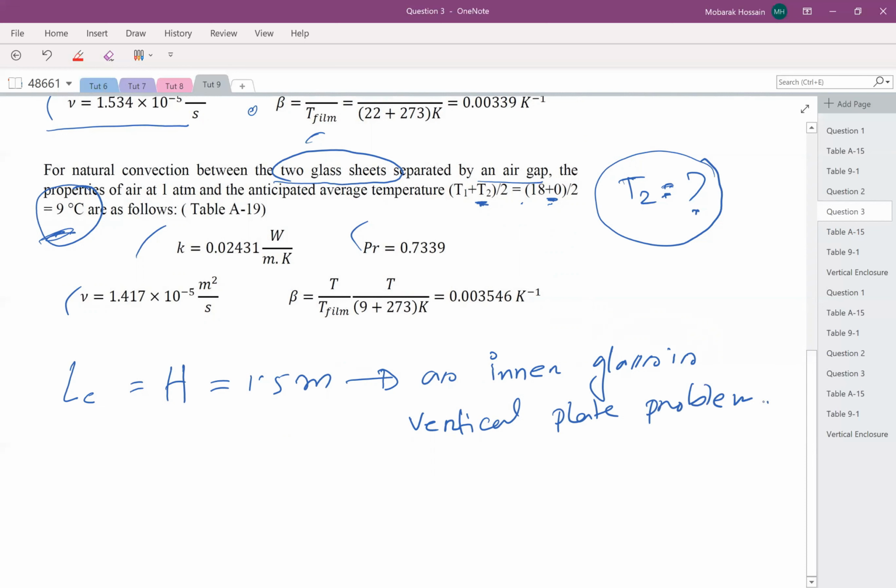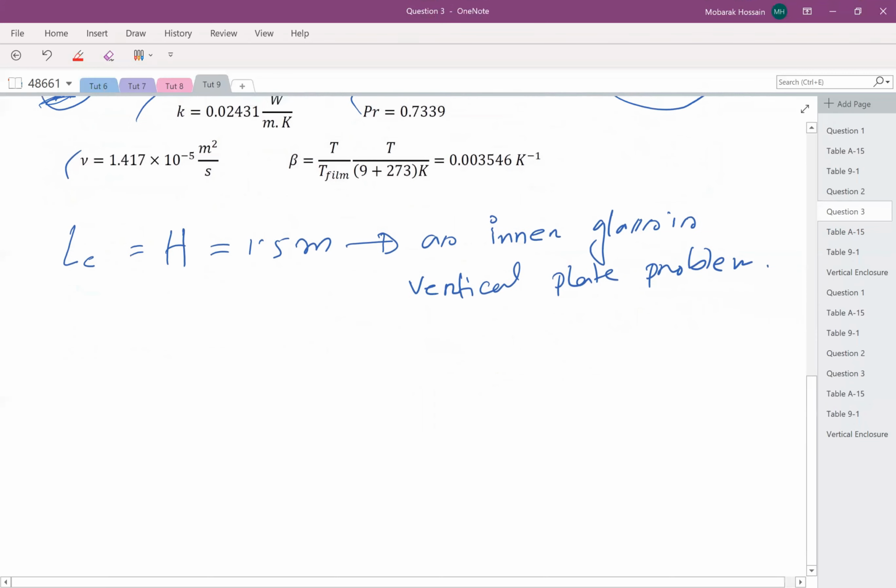In the vertical plate problem, we'll first calculate the Rayleigh number from this formula for natural convection. Temperature inner, temperature outer, sorry, temperature room.